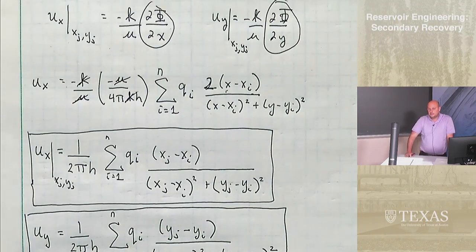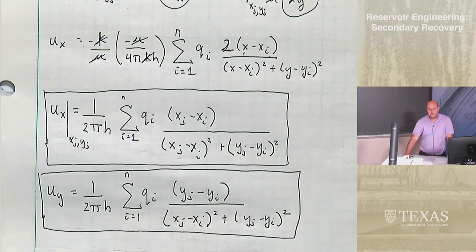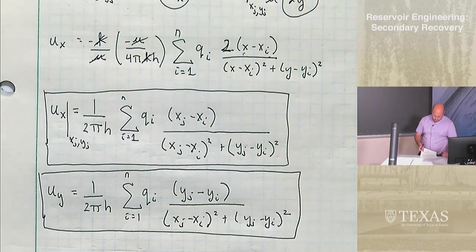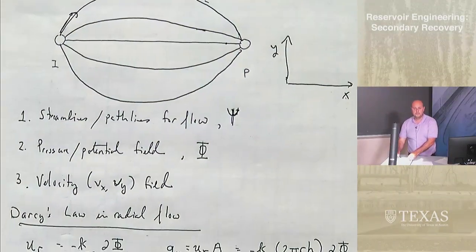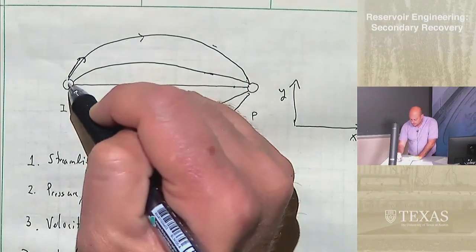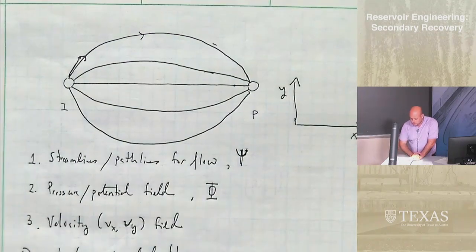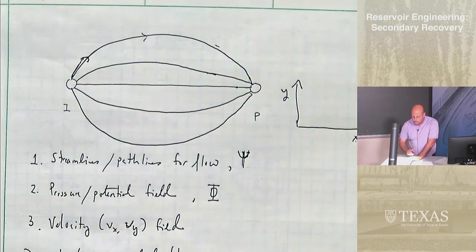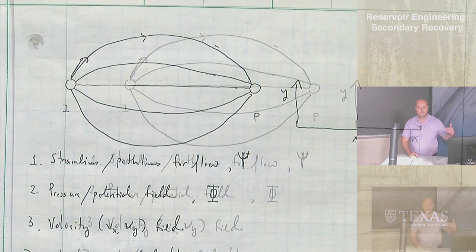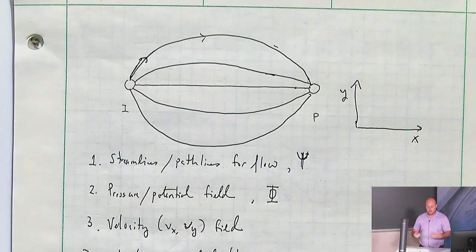So you have an x and a y component of your velocity. If I go back to the very first page when I was drawing, if fluids are flowing from over here to over here, the velocity has both an x and a y component. It can be flowing in the x direction, and it's got the y direction.